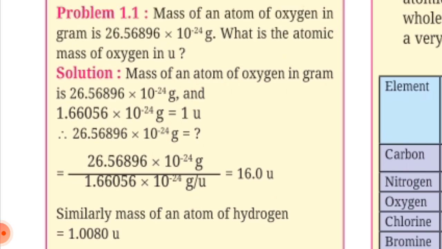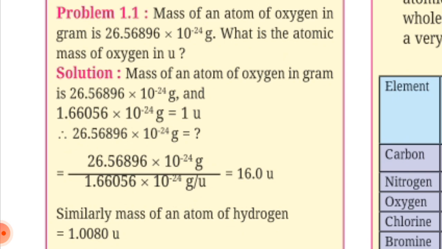Problem 1.1. The mass of an atom of oxygen in gram is 26.56896 × 10^-24 gram. What is the atomic mass of oxygen in u?